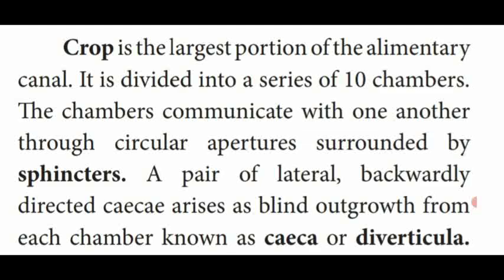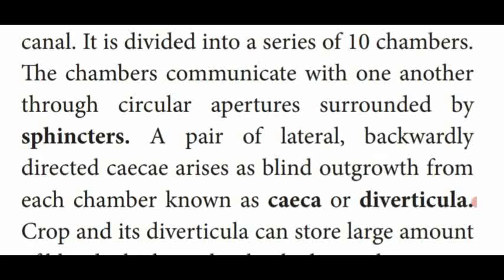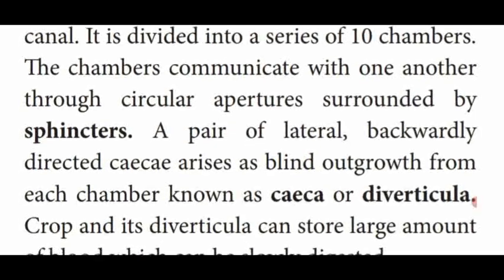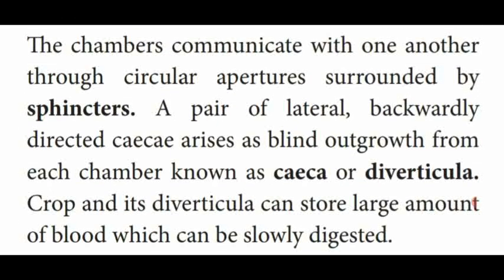From that crop, a pair of caeca arises at the lateral position, but runs in a backward direction. This blind outgrowth from each chamber is known as caecum or diverticula.